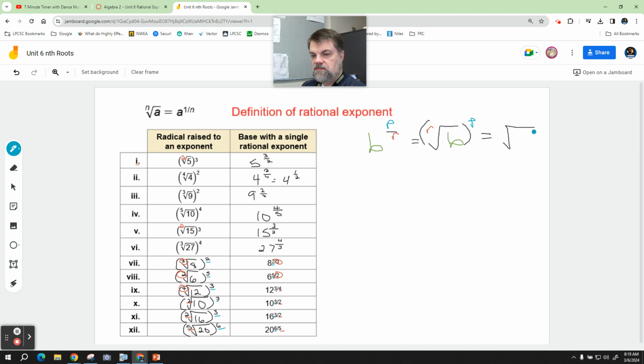That's a P. You can have the power underneath the radical. So all 3 of those are the same. There are 3 different ways you can represent the same thing, either a rational exponent or a radical.